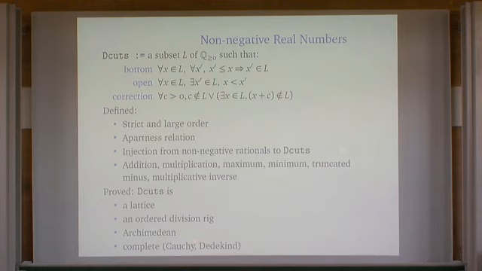All Cauchy sequences are convergent, and also in the Dedekind meanings, which means that if we do the same process on this set of non-negative reals, then we don't add any numbers. We have exactly the same.